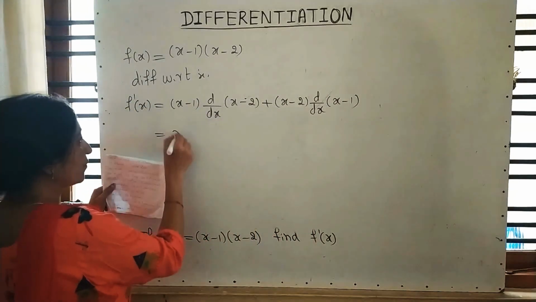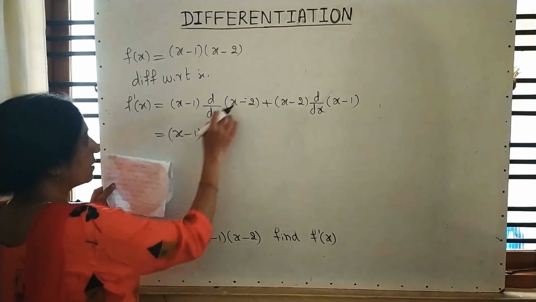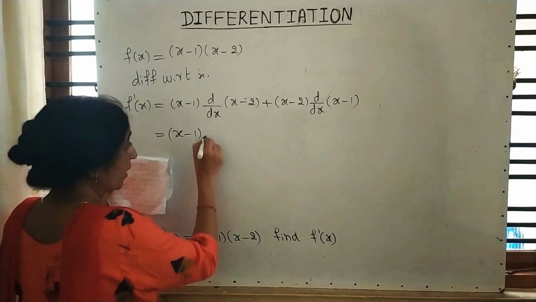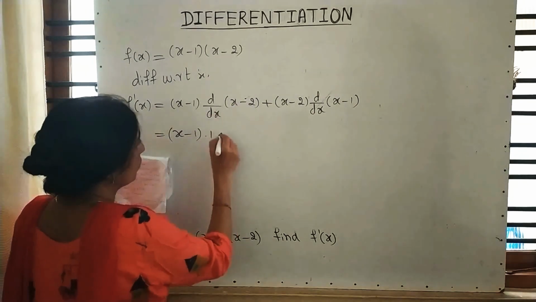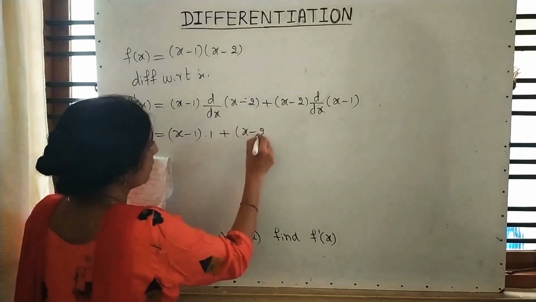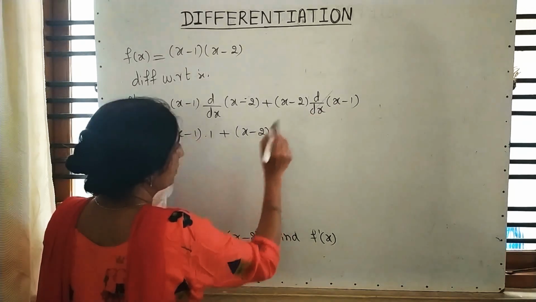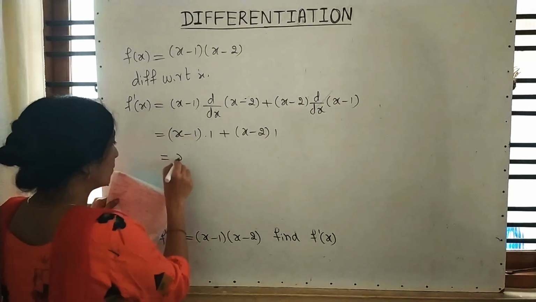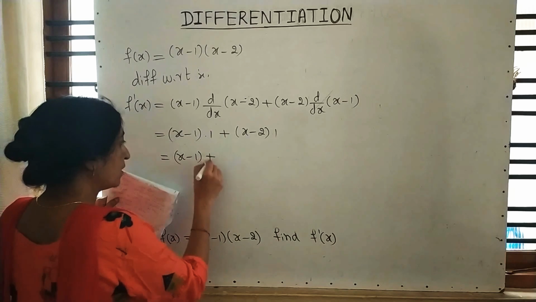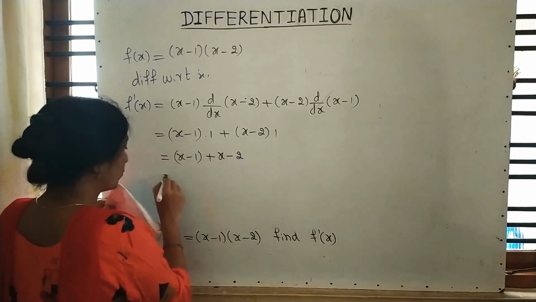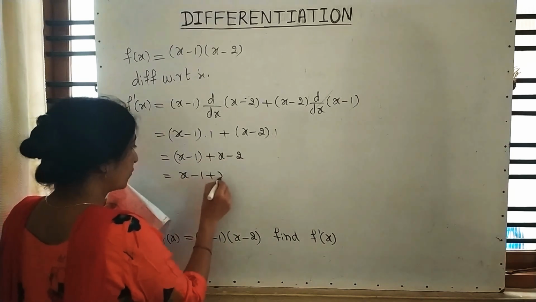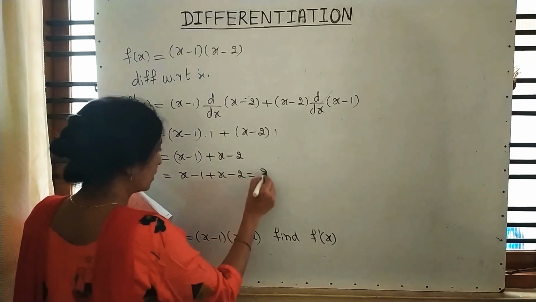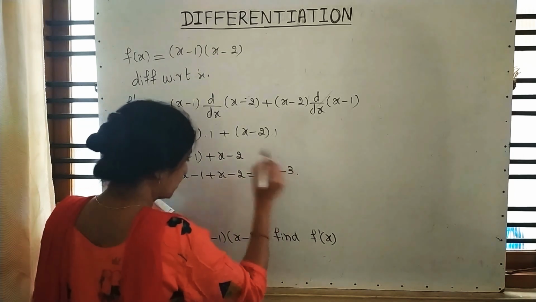So this is before differentiation, keep as it is. Differentiation of x minus 2 is 1. Correct? This is 1, this is 0. Plus x minus 2. Again differentiation of x will be 1 and 1 is 0. So x minus 1 plus x minus 2. Remove the bracket. X minus 1 plus x minus 2. Your answer is 2x minus 3.